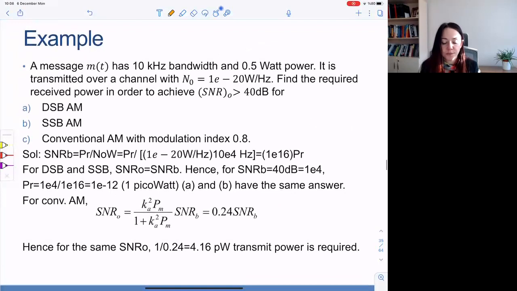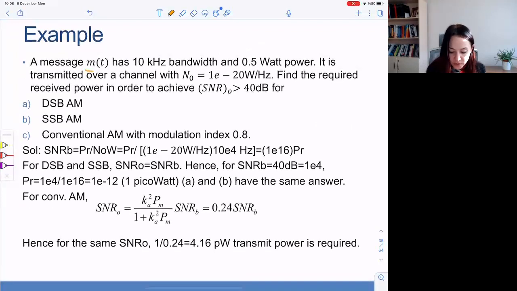Let's do an example. Suppose we have a message signal which has 10 kilohertz bandwidth. So W is 10 kilohertz, and the power is 0.5 watts. This message is transmitted over a channel where N_0 is 10 to the minus 20 watt per hertz.